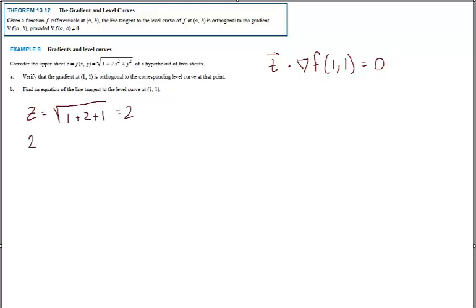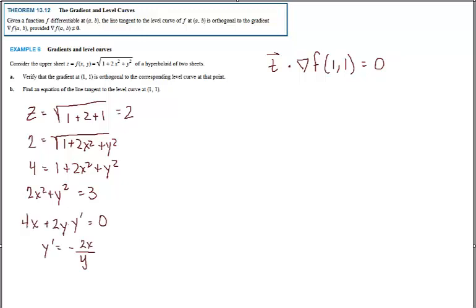So let's go ahead and state that 2 equals the square root of 1 plus 2x squared plus y squared. In other words, 4 equals 1 plus 2x squared plus y squared. And then I have that 2x squared plus y squared equals 3, and this is going to be the equation of an ellipse. I'm going to take this derivative with respect to x, and I will be able to find the slope.